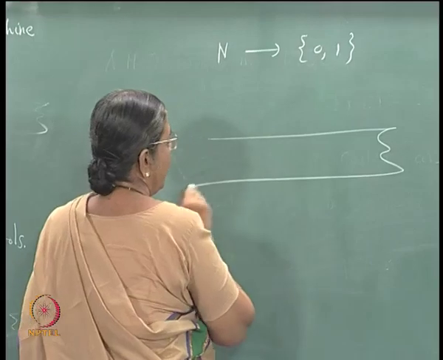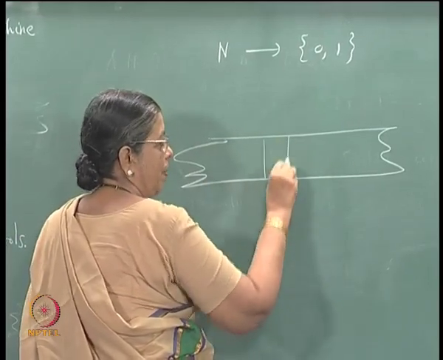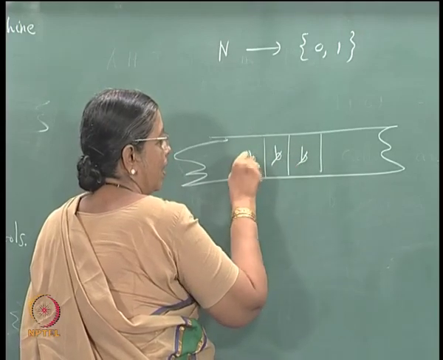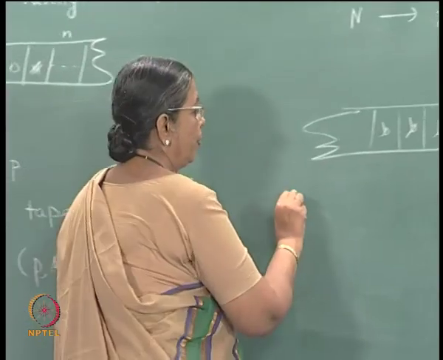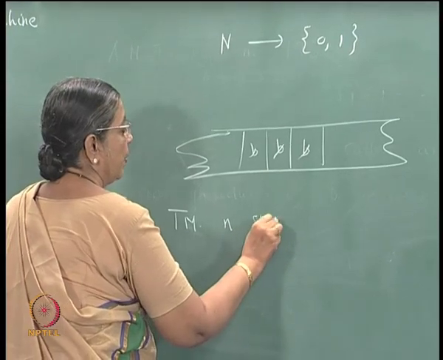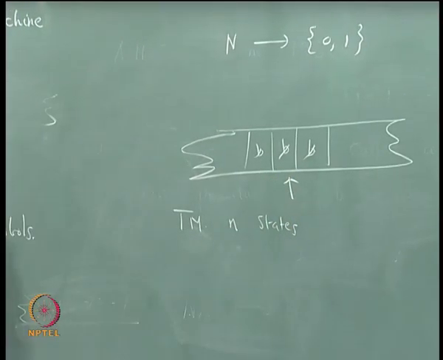You start with an infinite tape, a Turing machine with blank symbols, the whole tape is blank, and you have a Turing machine with n states. You start the machine anywhere you want.